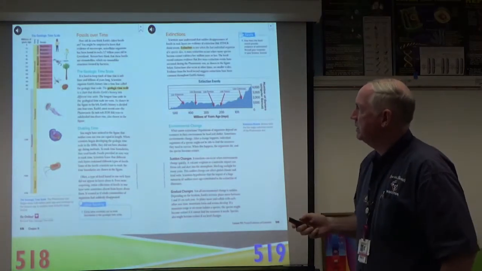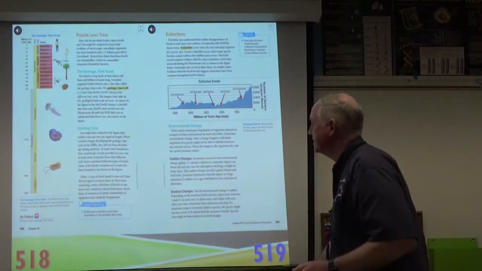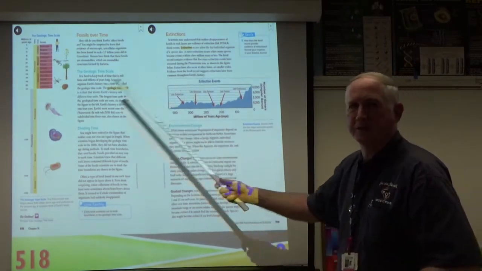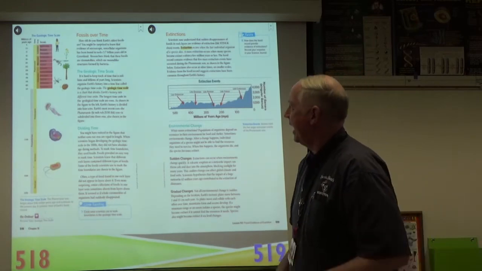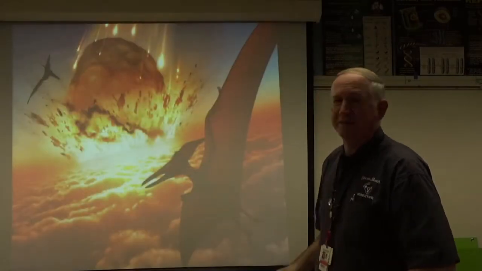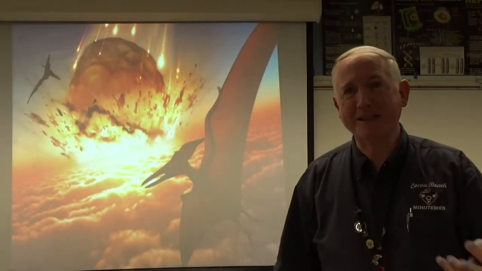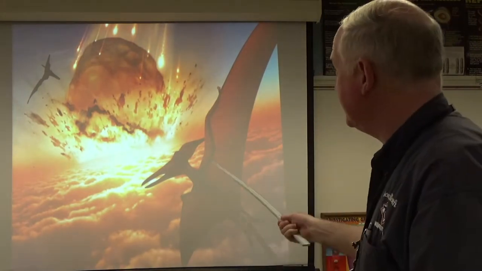When you left me last, we looked at the geologic time scale, and I took you on the tour of the big long line up there. And so we said the next thing we're going to look at is mass extinctions. It's pretty terrifying.